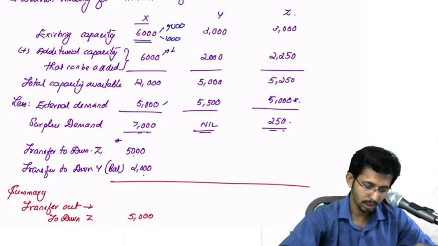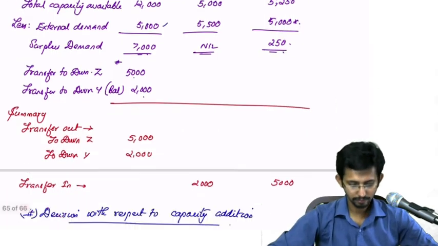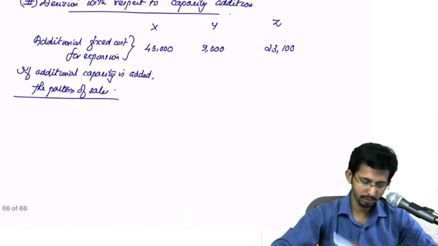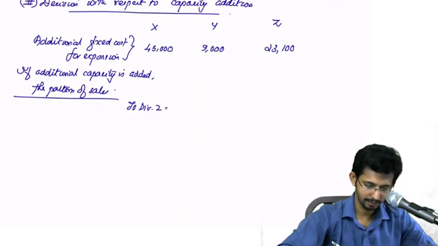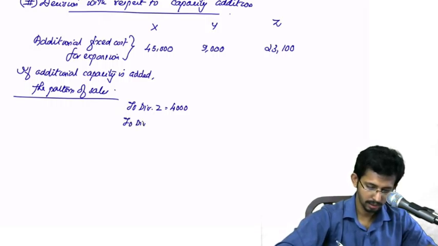So 4,000 will be for Z and 2,000 will be for Y. Okay, so pattern of sale to division Z, how much? 4,000. To division Y, 2,000.